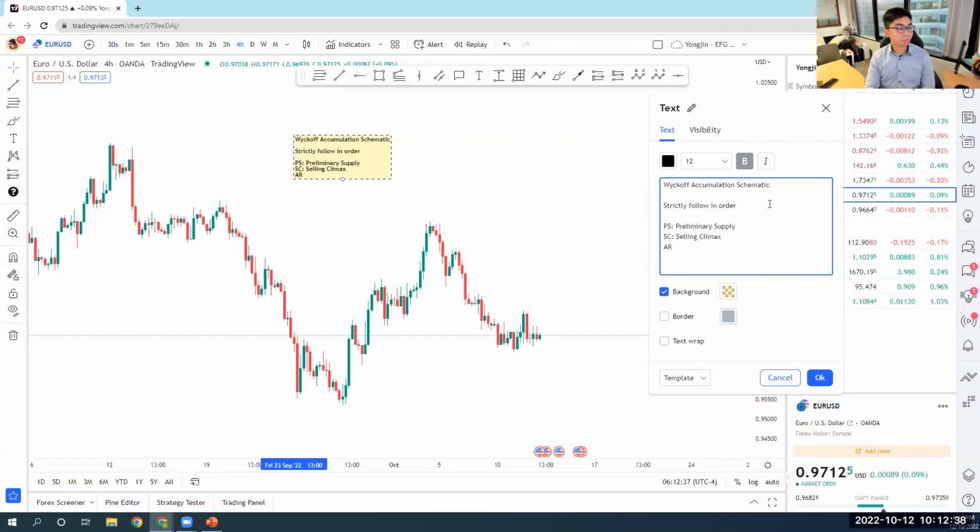After that, we have AR. What is AR? Automatic reaction. After AR, we have ST. What is ST? Secondary test. After ST, we have STB, called secondary test B.